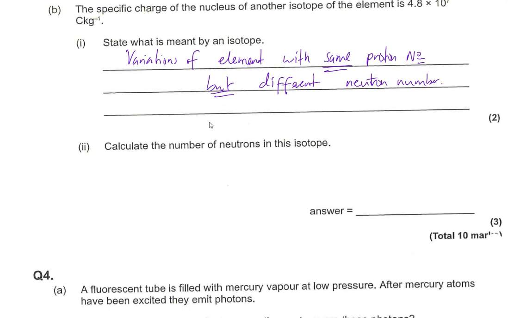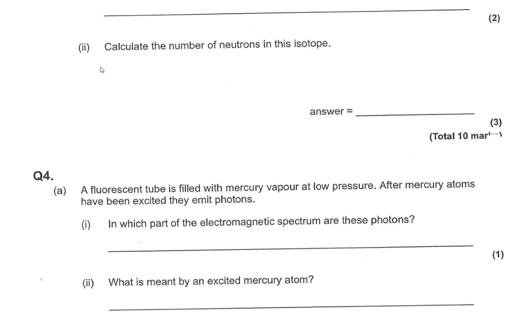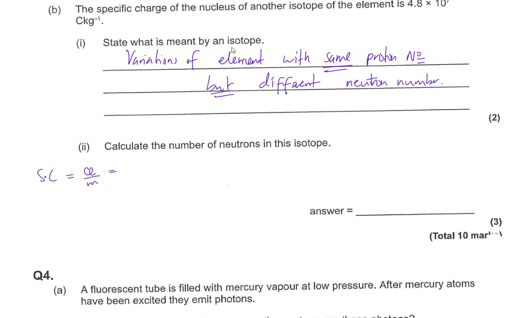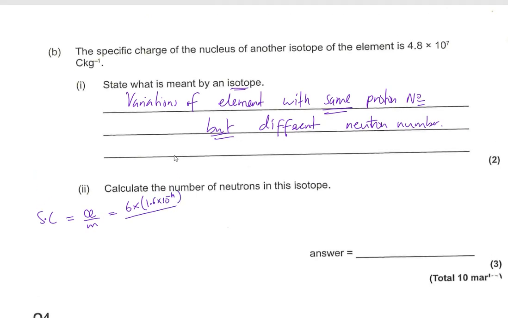So therefore, how can you work this out? We need to use the charge. So specific charge is equal to charge over the mass. Now we know that the charge is from the nucleus, and we know that this is an isotope, so the nucleus will have the same proton number, so 6 times the charge, 6 times 1.6 times 10 to the power minus 19 divided by the mass.